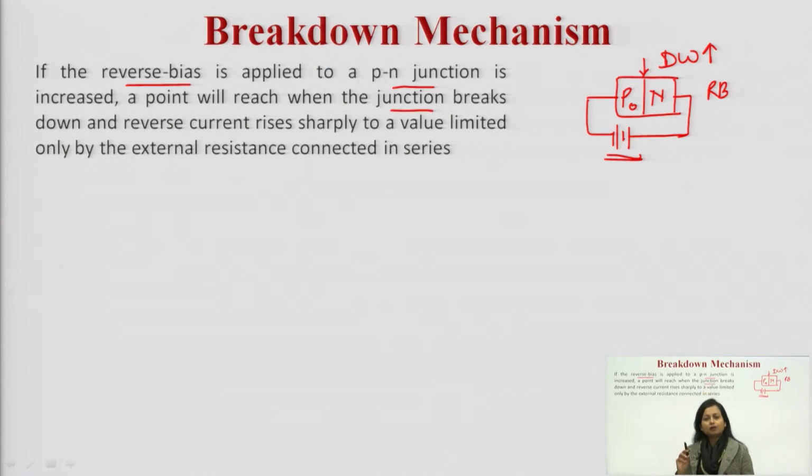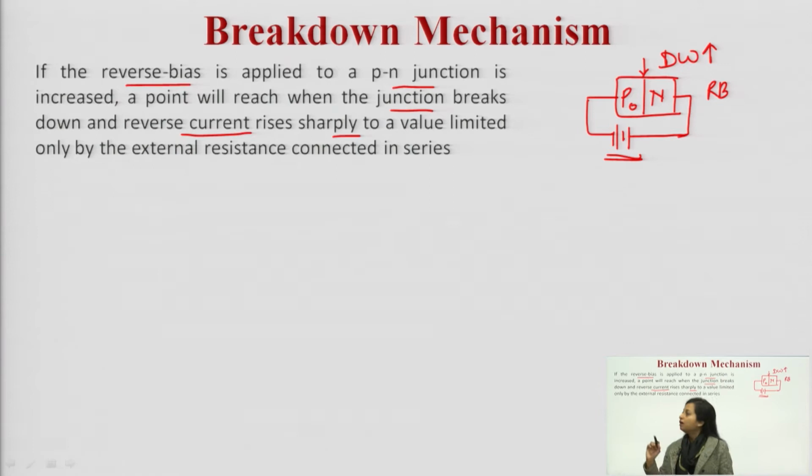That particular point where the junction breaks down, that voltage is known as the breakdown voltage. And at that point, when the junction breaks down, there will be a sharp increase in the current. So reverse current rises sharply.